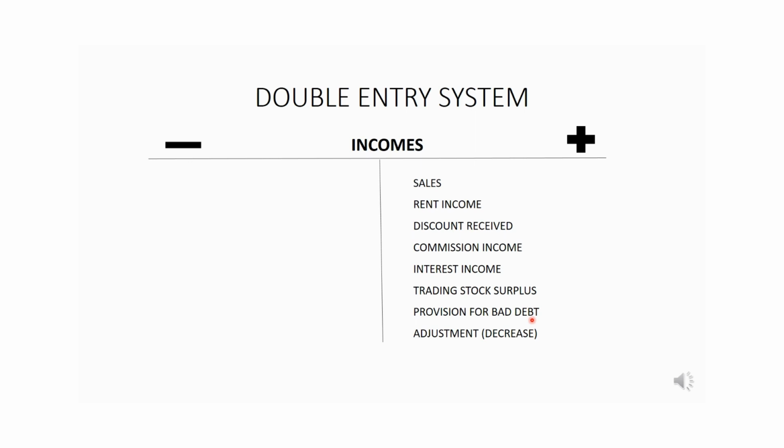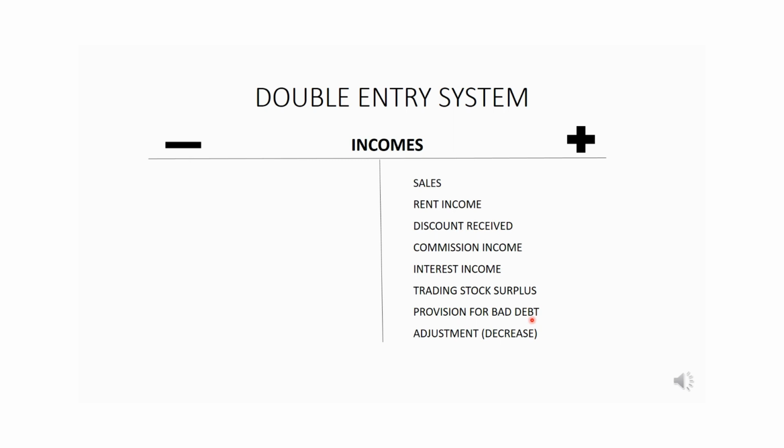So we set an amount of money aside so that should these debtors fail to pay and we are forced to remove them from debtors control into bad debt, there's an amount of money that we are going to use to compensate for such loss.